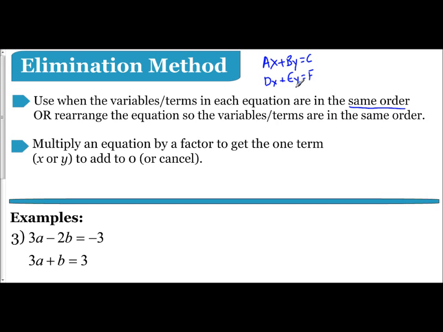Or you could rearrange the equation so that the variables and terms are in the same order. That means instead of, let's say I didn't have dx plus ey equals f in the bottom, what if I had ey plus dx equals f? Well, I could use my commutative property and switch these positions so that they are in the same order.